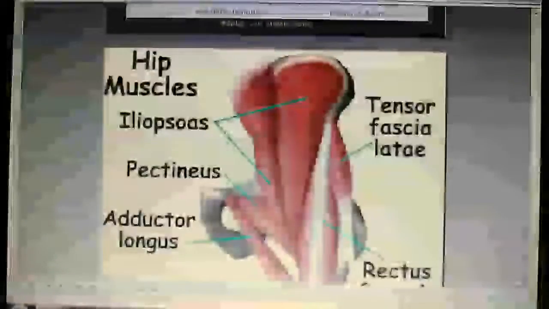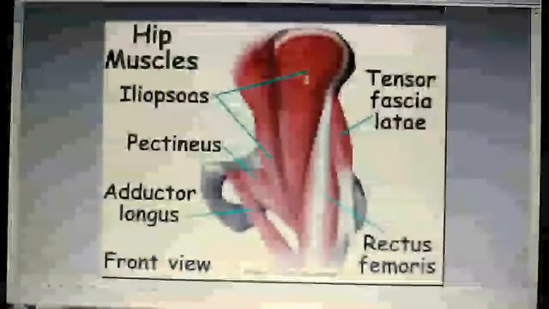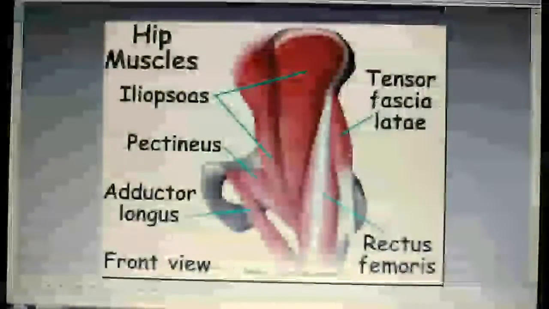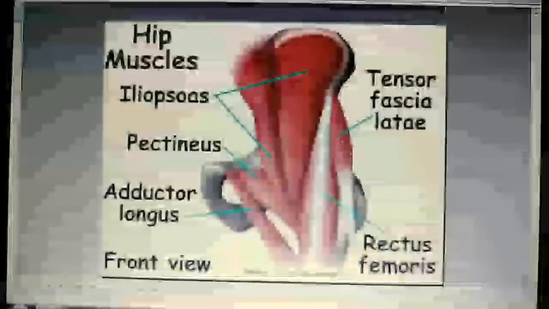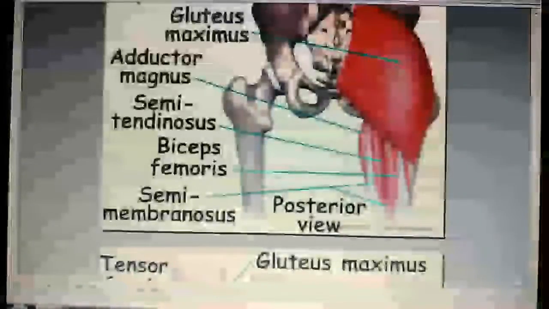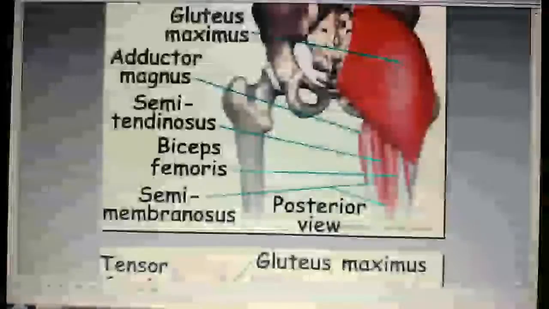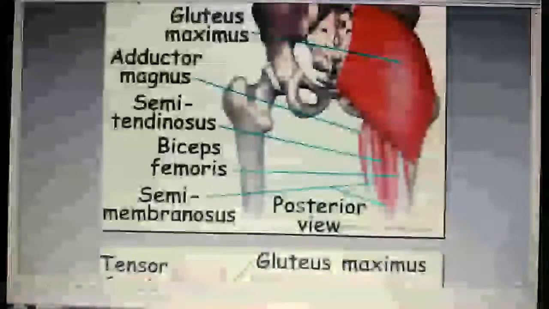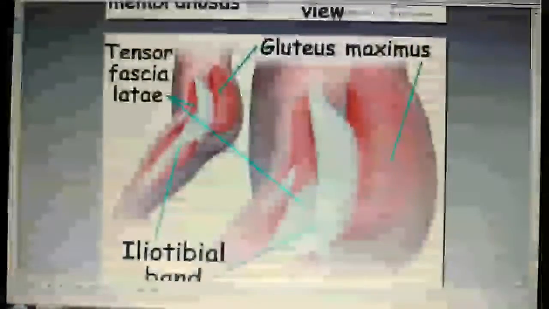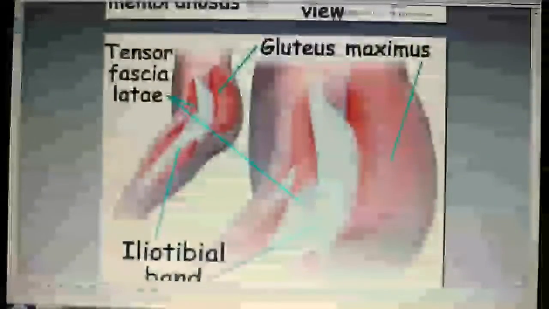This one is in the pictures. Iliopsoas major is a small muscle, adductor magnus muscle, tensor fascia lata is a lateral side muscle, gluteus maximus muscle, adductor magnus muscle, and semimembranosus, biceps femoris, semitendinosus muscles, and tensor fascia lata is lateral, and on this side is the iliotibial band.